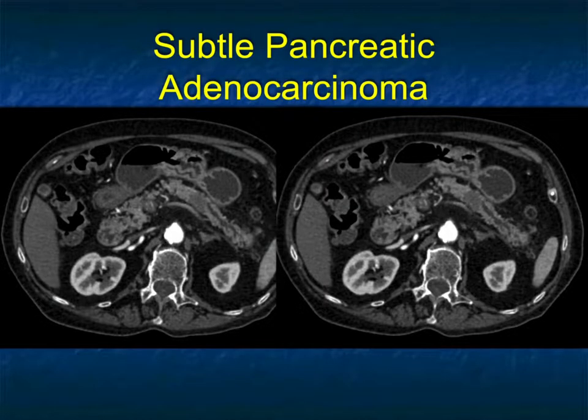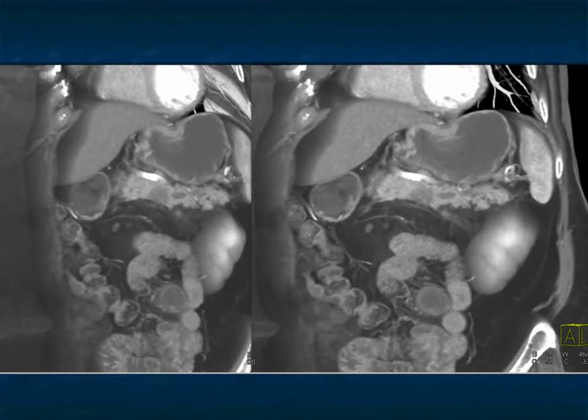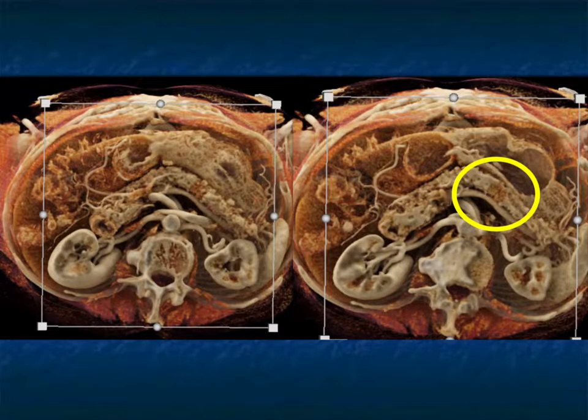Another case of a subtle pancreatic cancer that was, of course, missed elsewhere. There's a lesion in the body of the pancreas, at the body-tail junction. You see the low-density lesion. You also see the patient's dilated pancreatic duct right there. Here it is with classic volume rendering, and one has to admit you can see it nicely there as well. There's the duct. There's the tumor. Not a problem. But look at the cinematic rendering.